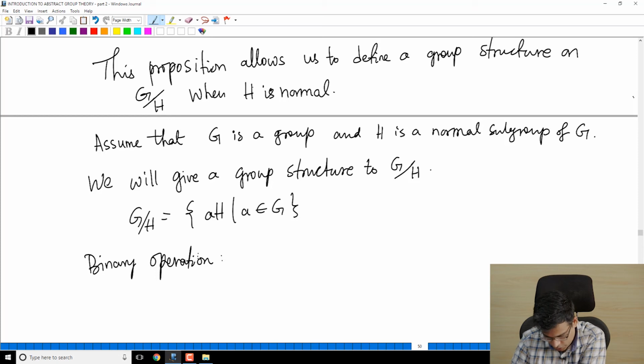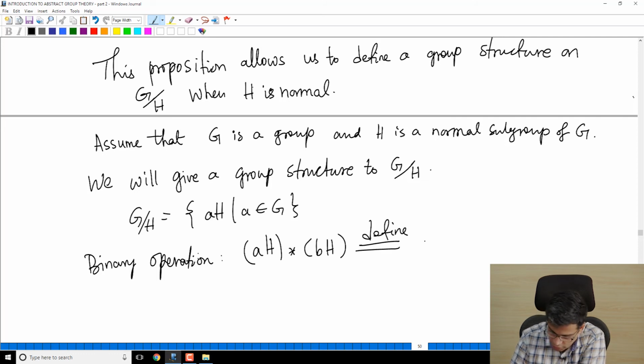So what is the binary operation? It is the one we discussed earlier. Define aH star bH. I am using star just to emphasize that it's a new binary operation we are defining, is the product abH. So this is the definition of the binary operation.